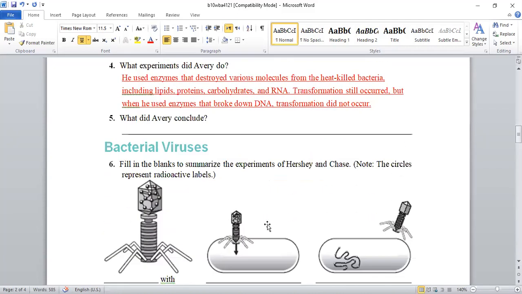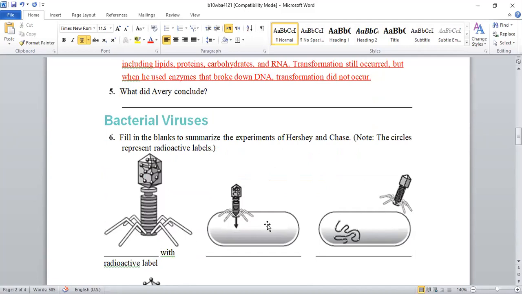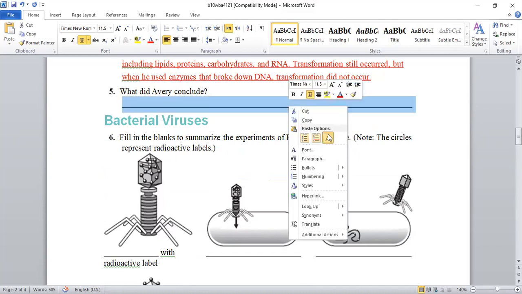That DNA transforms genetic information. Excellent. That the DNA is the genetic material that was transformed. Okay, so the DNA transmitted the genetic information. Thank you.